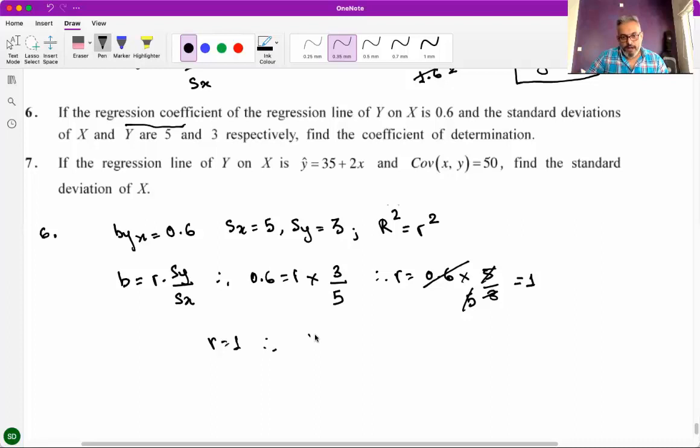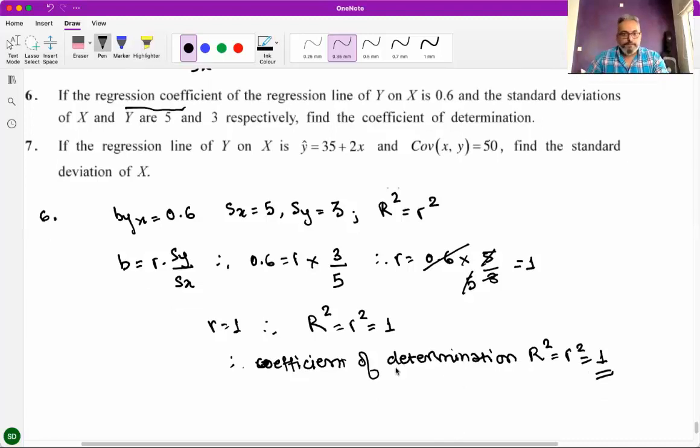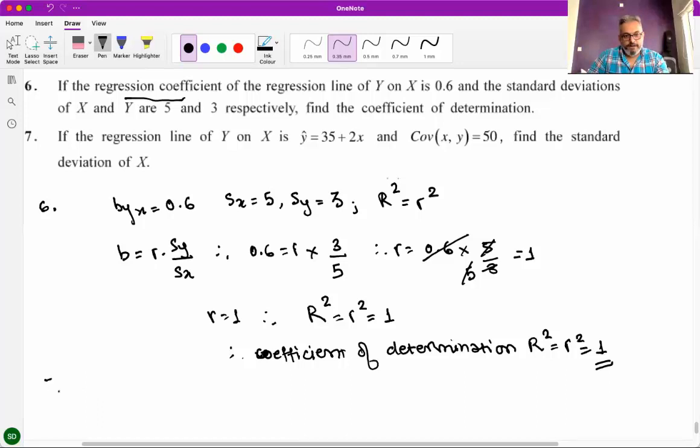Therefore, capital R square is equal to small r square, which is equal to 1. Therefore, coefficient of determination R square is equal to small r square, which is equal to 1. Interpretation is not asked. Otherwise, we would have written: it is exactly 1, so they are strongly correlated and estimates are reliable.